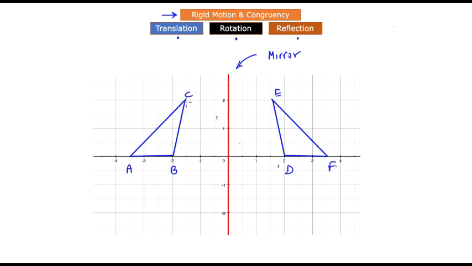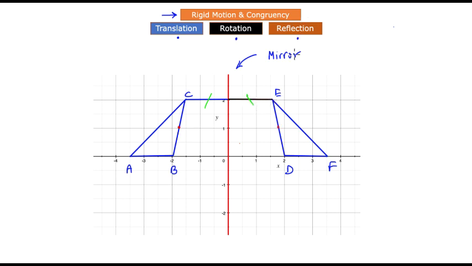A unique property of reflection is that if you take any point on the original shape and measure the distance of that point from the mirror line, and then take the distance from the mirror line to the reflected point, you will notice that these two dimensions are equal. So the distance of point C from the mirror line is identical to the distance of point E from the mirror line.